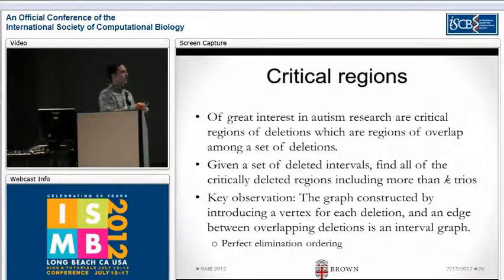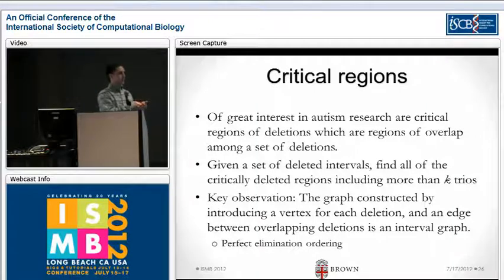So finally, we just present this result on critical regions. Of great interest in some autism studies is finding these critical regions, especially if you have those complex deletions that I showed before. They're regions of maximal overlap among a set of deletions.